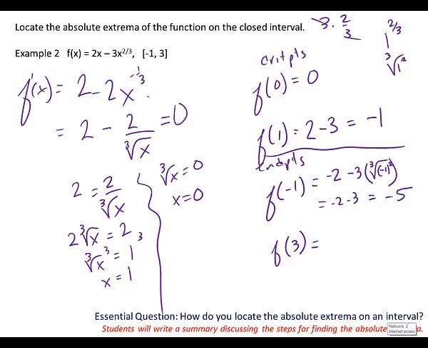The next one's going to be a little bit uglier. All right, so 2 times 3 is what? 6. Minus 3 times 3 to the 2/3 power. There is no good way that that's going to happen, right? 3 squared is 9, and we can't take the cubed root of 9 nicely. So here's what you're going to do. You're going to put it in your calculator just the way it looks and give me a decimal.